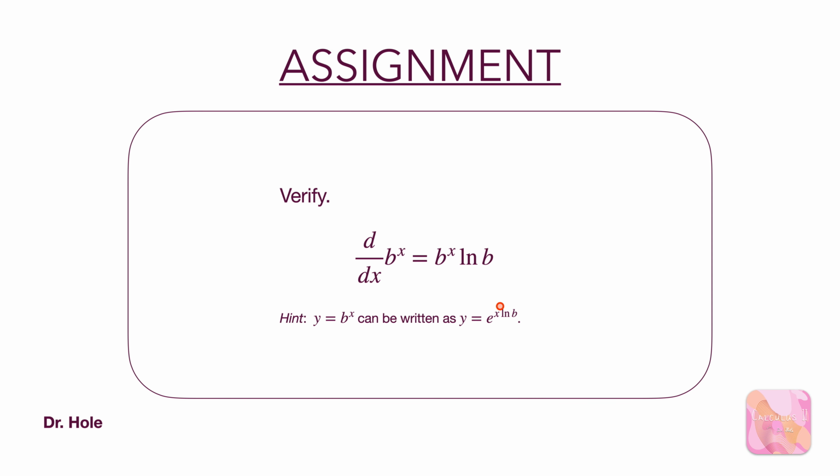So that logarithmic property, that x can come up, and then use the one-to-one property on e and ln. Once you've done that, you then differentiate this expression and use the chain rule in this expression to verify the given expression. Excellent.